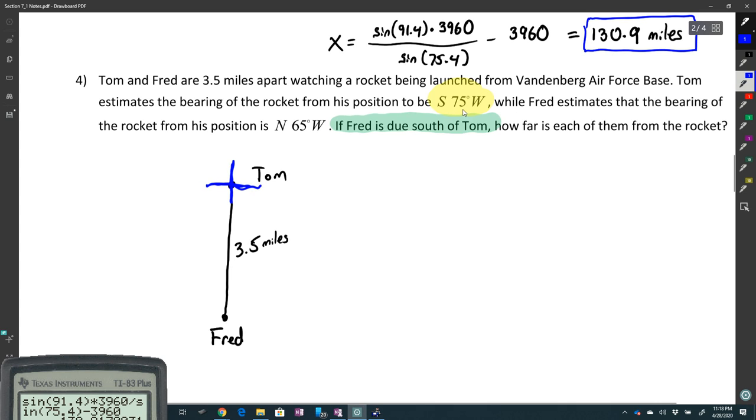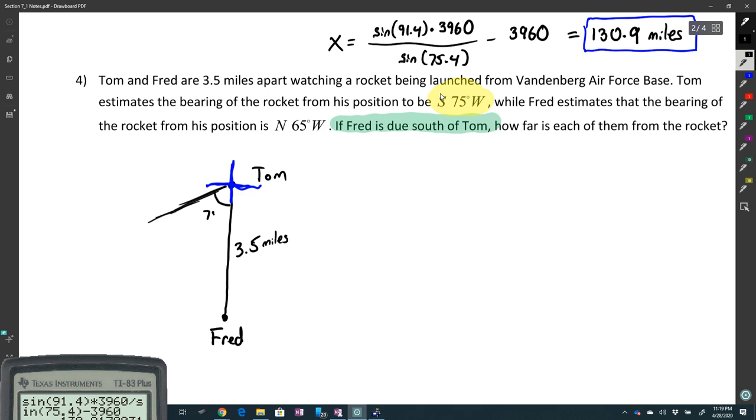It's south 75 degrees west. When they do bearings in this book, they measure them from the y-axis. So we have 75 degrees. That's actually pretty steep.